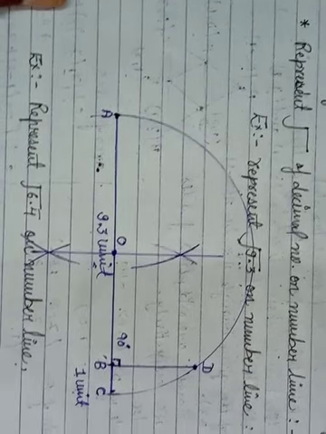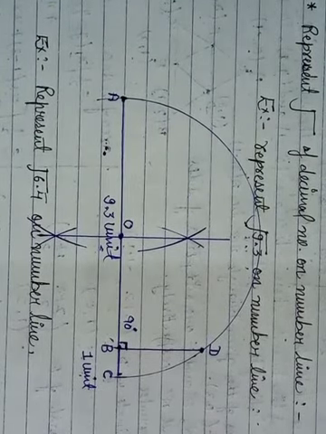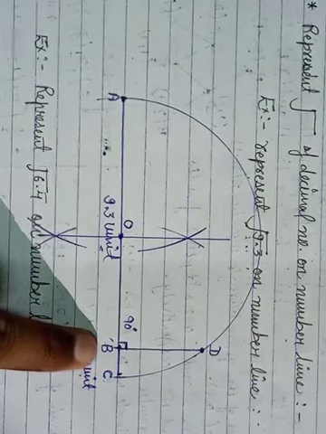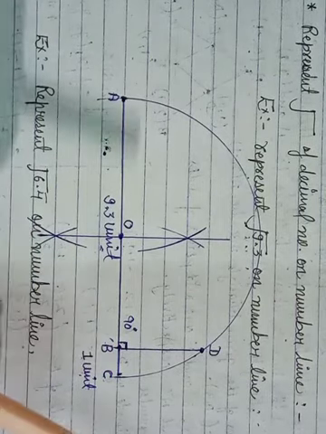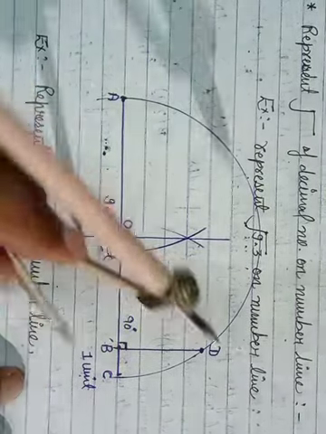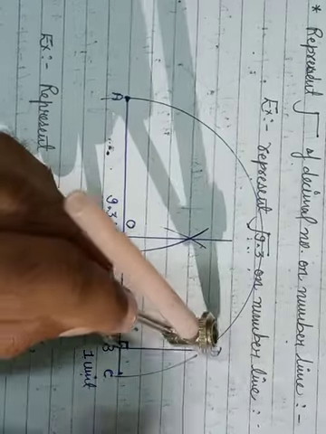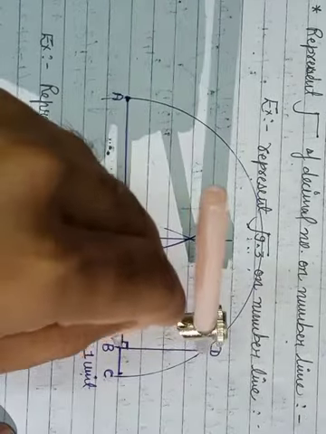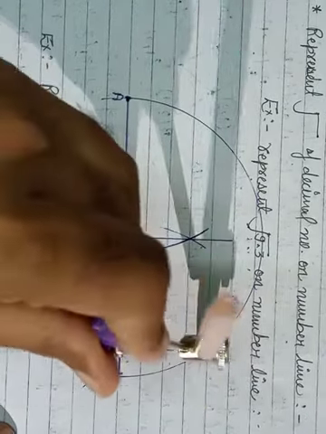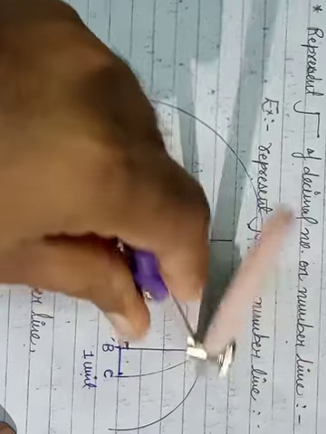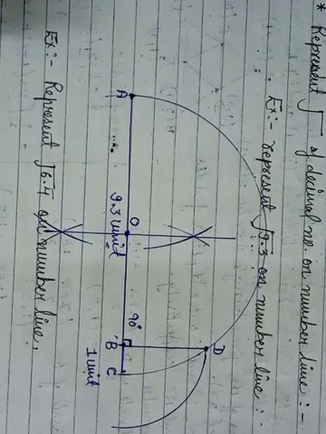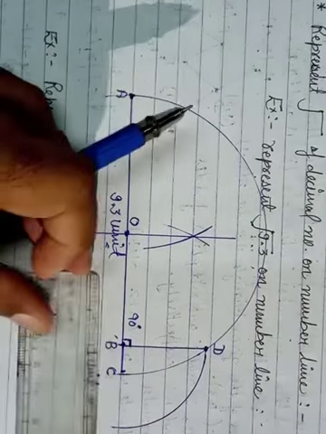Is that clear? Now taking B as a center, open the compass with the radius BD and cut an arc. Okay, and produce the line AC.